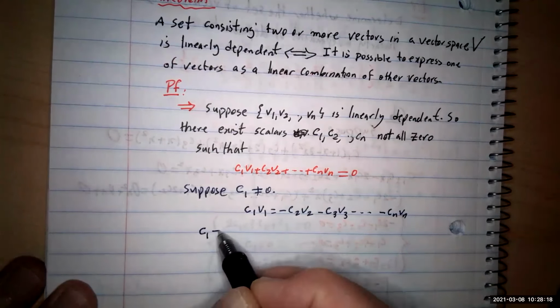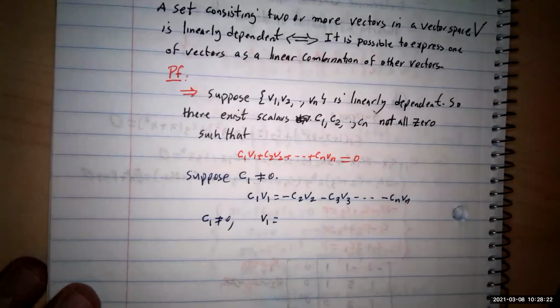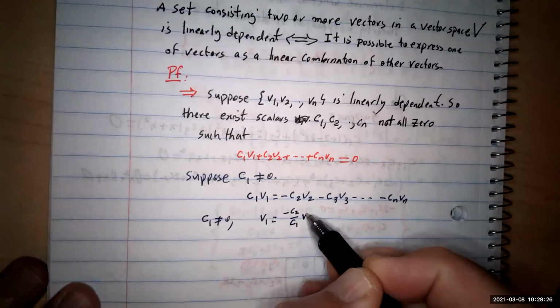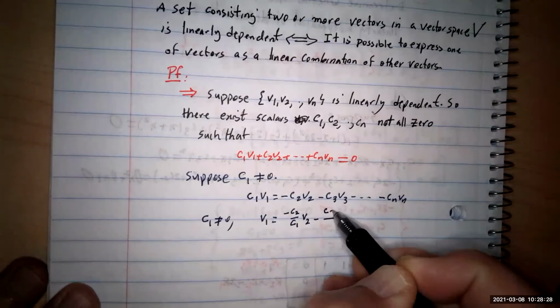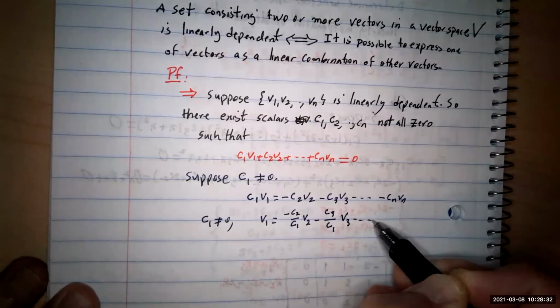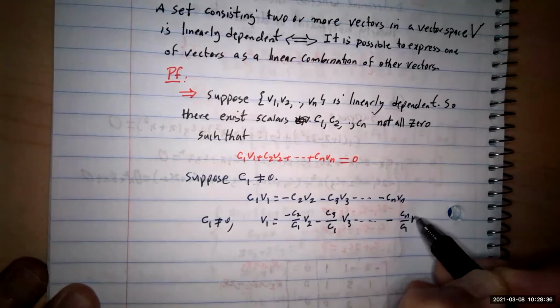Since C1 is not equal to zero, you can solve for V1. So V1 would be negative C2 over C1, V2 minus C3 over C1, V3, etc., minus Cn over C1, Vn.